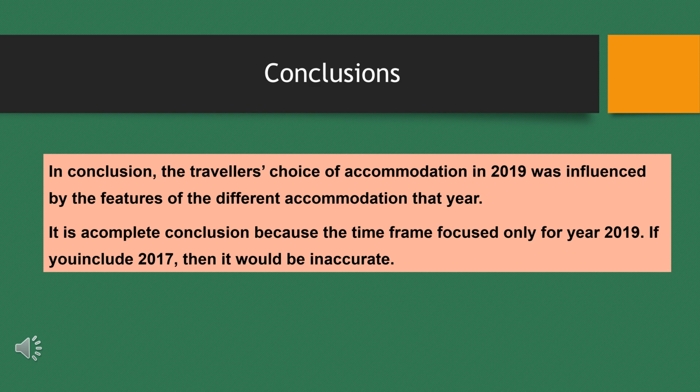Here, was influenced is the linker, by the features. So it is a complete conclusion because the time frame focuses only on year 2019. You have to remember, if you include 2017, then it would be inaccurate.